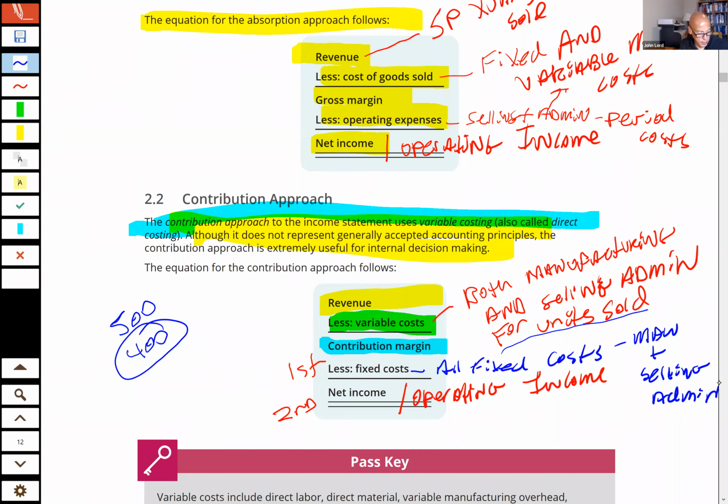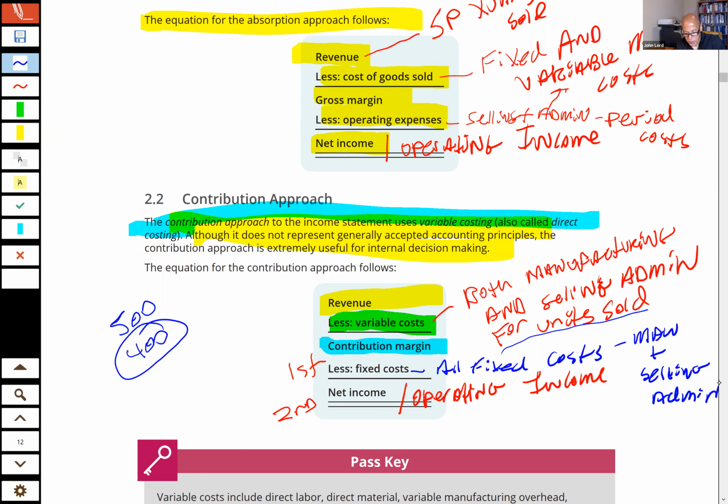So when you look at this, the difference between the two is how we're treating our fixed manufacturing cost, because our selling and admin costs are always expensed. As we sell a unit, we're going to subtract off our variable manufacturing costs, our direct materials, our direct labor, our variable manufacturing overhead, and our variable selling and administrative costs.